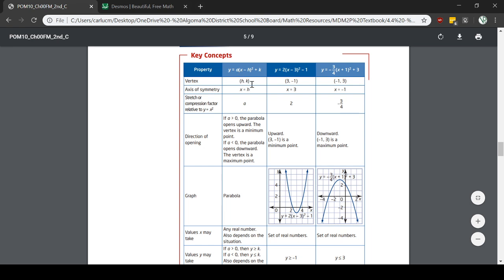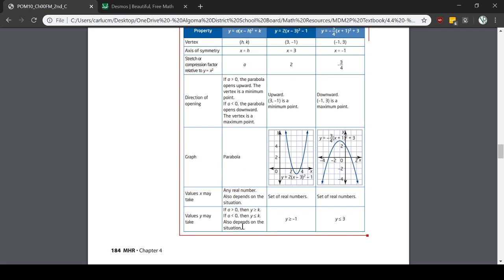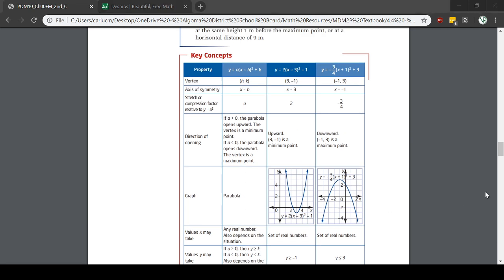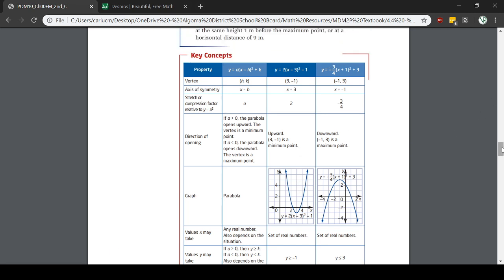So there's the basic concept, where the vertex is, what the axis of symmetry is, the stretch or compression factor, the direction of opening, what the graph should look like, and values that x and y may take. So this is a good summary of everything. And then it has a couple of examples of a stretch, compression, open up, open down, positive and negative x and y values for the vertex. That should give you a good idea of the type of situations that you're working with. These are the key ideas that you should be able to extrapolate from the equation.